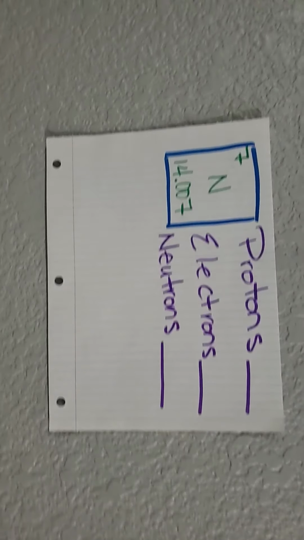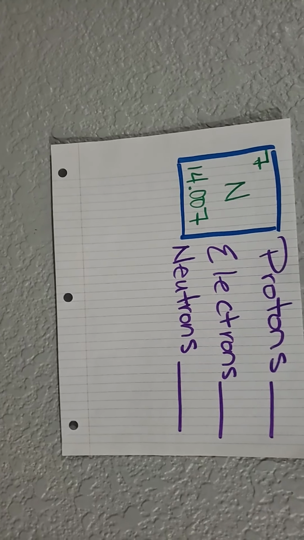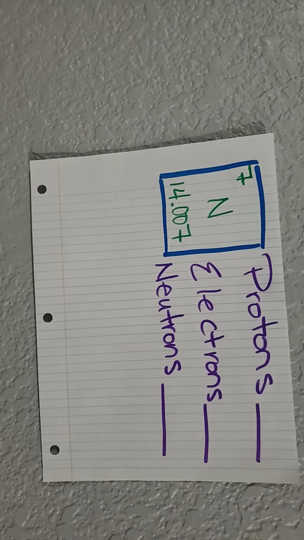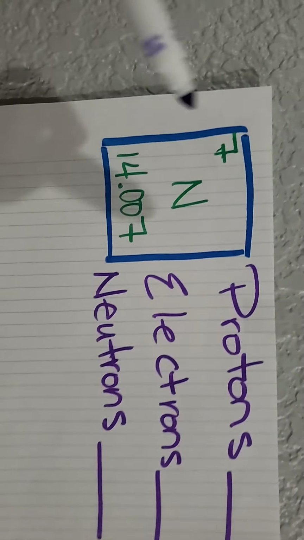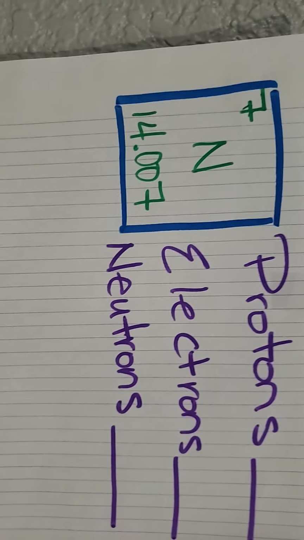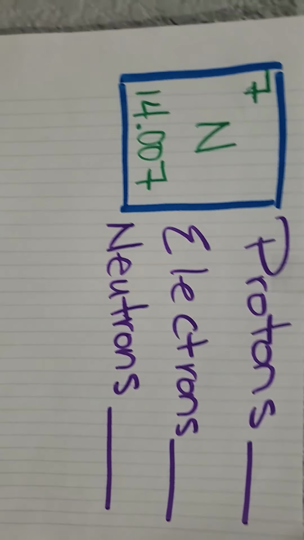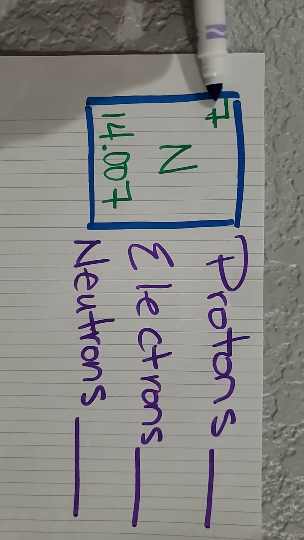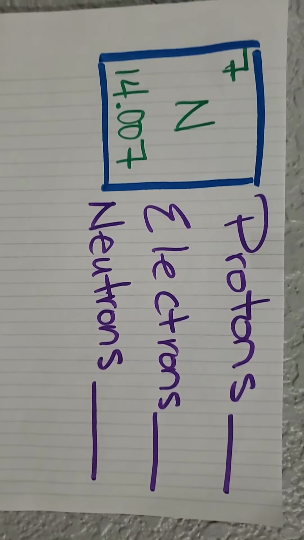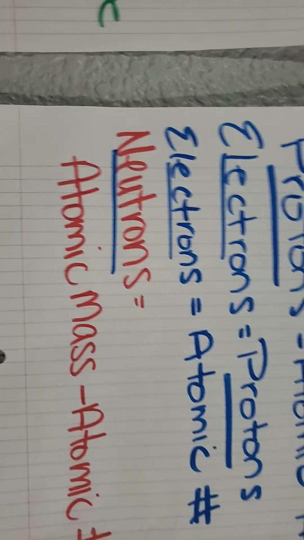All right, protons, electrons, and neutrons. If we look at this, we've got our box that came from the periodic table of elements. This is the element nitrogen. Protons equal the atomic number.